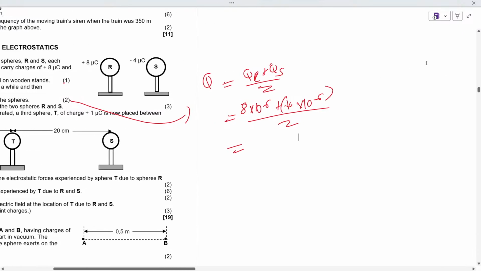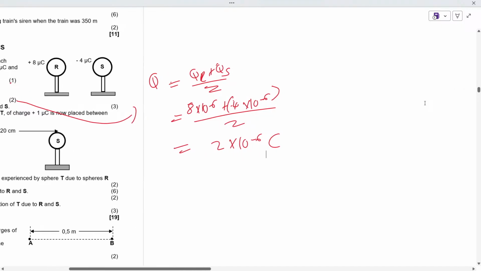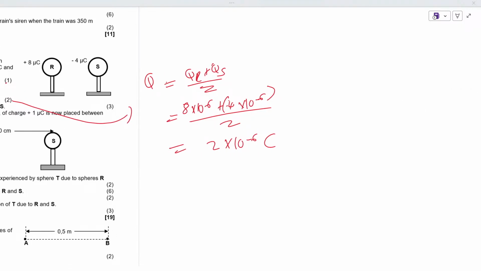Basically it's 2 times 10 to the power negative 6 coulombs. I'm still getting 6, even when you used negative. The 4 there is supposed to be negative 4.